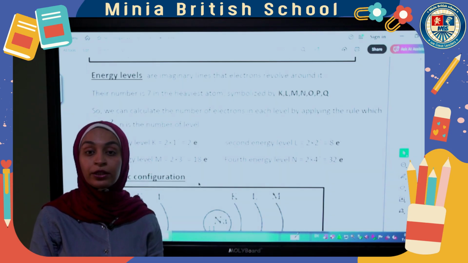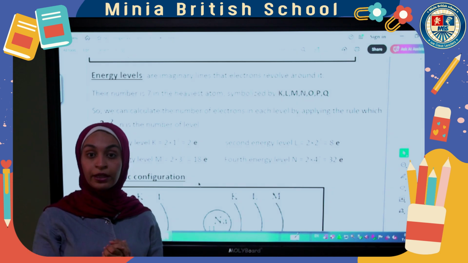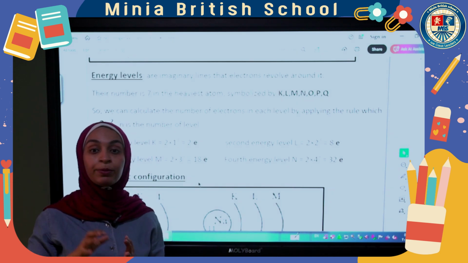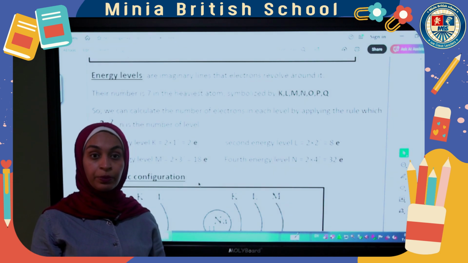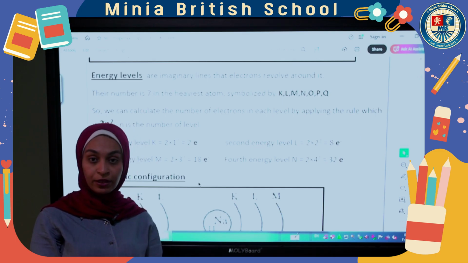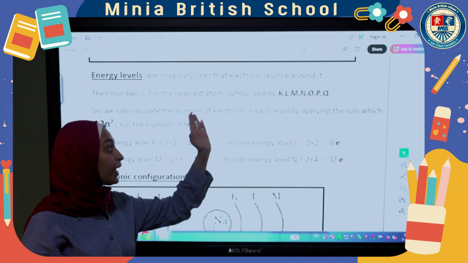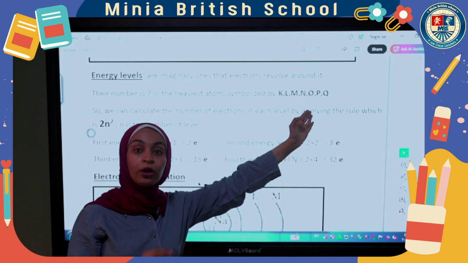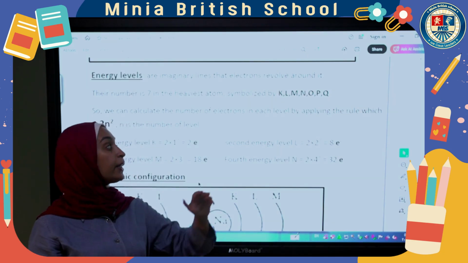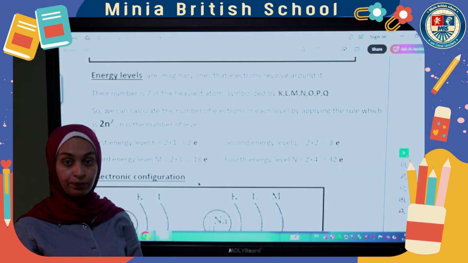The electrons revolve around the nucleus in certain places, and these places are called energy levels. The number of energy levels in the heaviest atom is 7. Their symbols are K, L, M, N, O, P, and Q, and you have to write these symbols in capital letters.